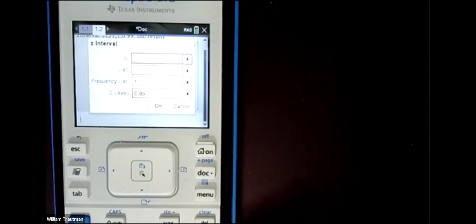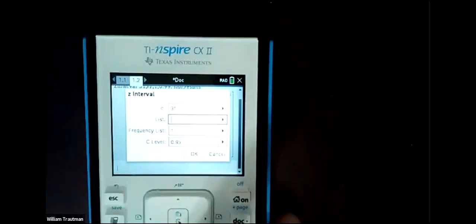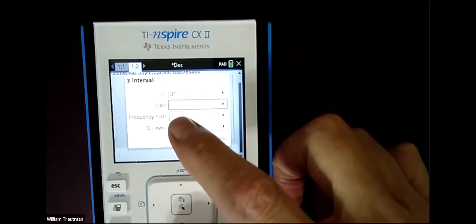Menu 6, 6, 1. Oh, sorry. So this needs to be on data, right? Yes, sir. Okay, so then here, standard deviation. What was standard deviation again? 31. The frequency has to stay on one right there.